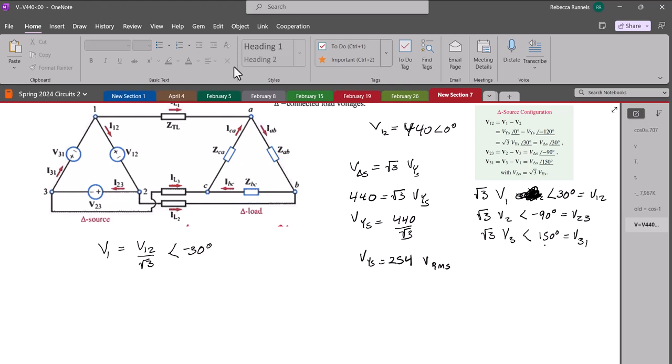Just put minus 30 degrees, because here we are starting from 0 degrees. So V1 is going to equal 254 angle negative 30 degrees.